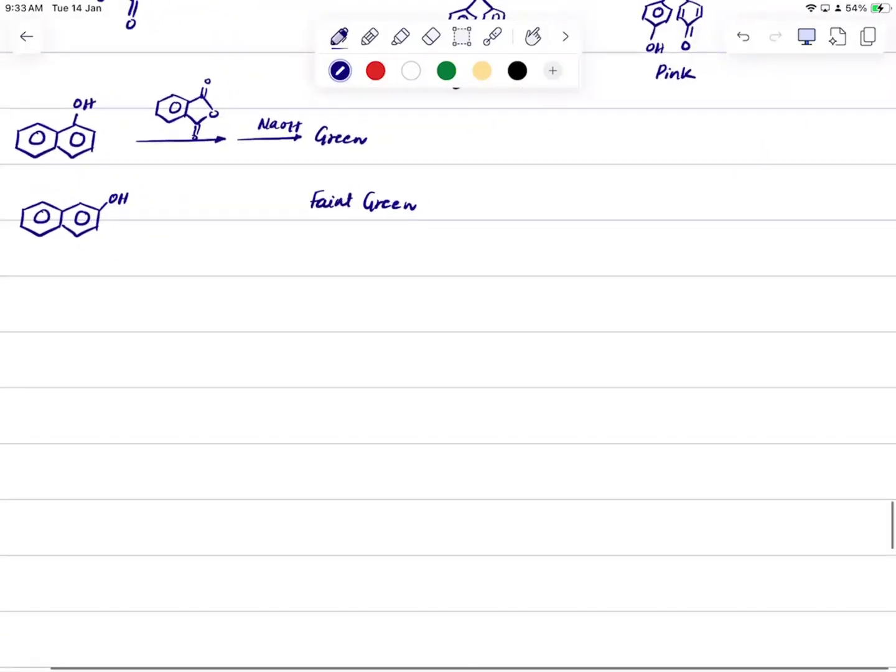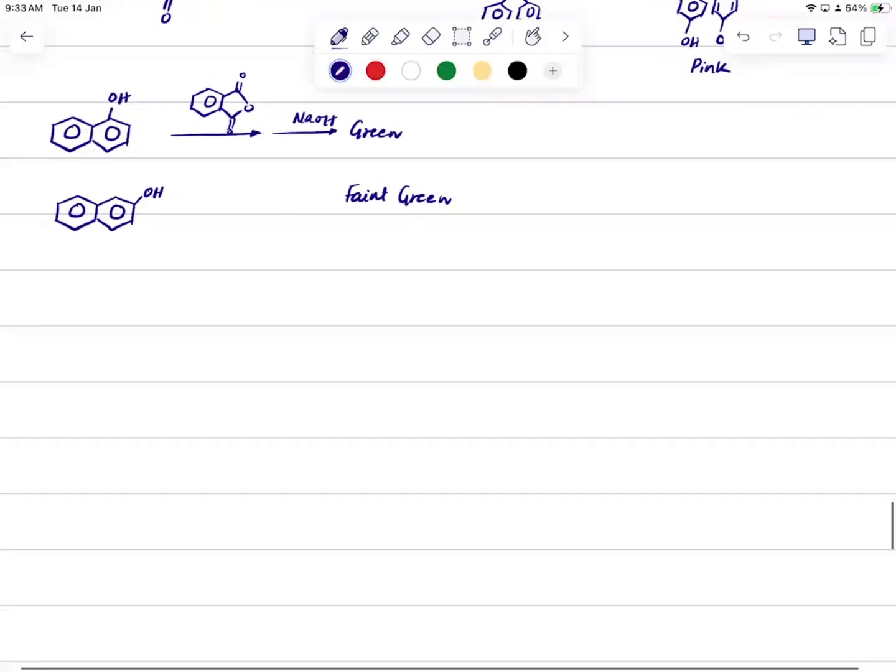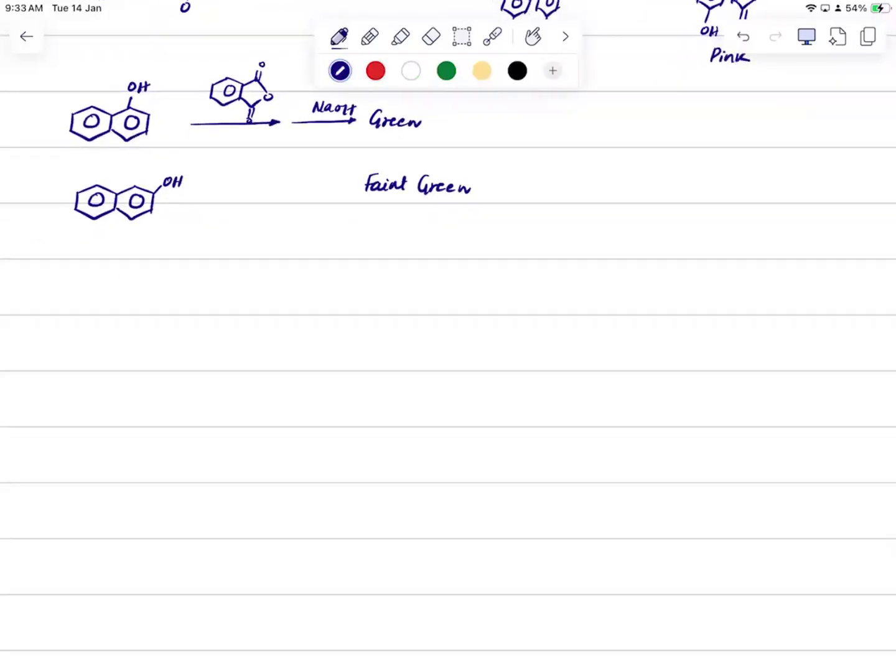Only one thing you need to notice: there should not be any group at para. That means it will not give the test. Suppose you have phenol here, there is a nitro group here. Okay, I have phenol here. There is a CH3 group here. This is paracresol, or phenol here, there is a chlorine group here.